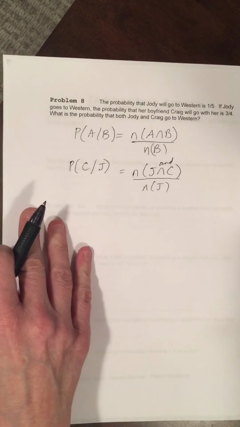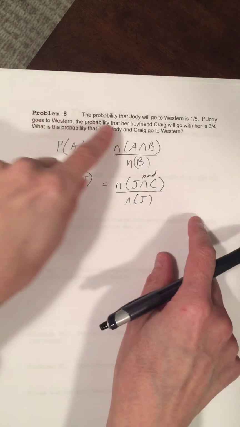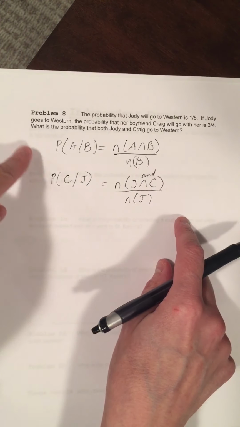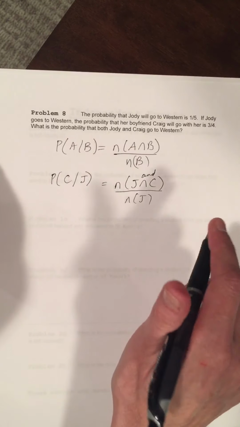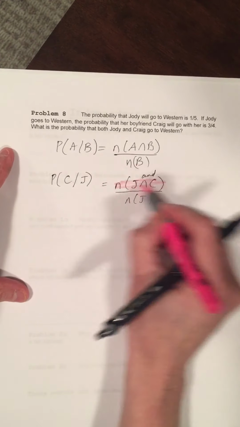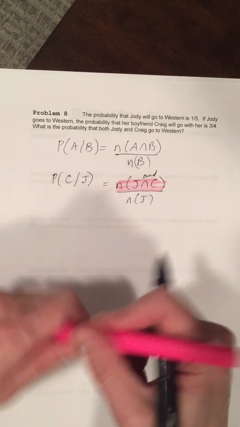Right? Let's take a look at that just one more time. The probability that Jody will go to Western is 1/5. If Jody goes to Western, the probability that Craig will go is 3/4. What's the probability that they both go? So what we're looking for is this.